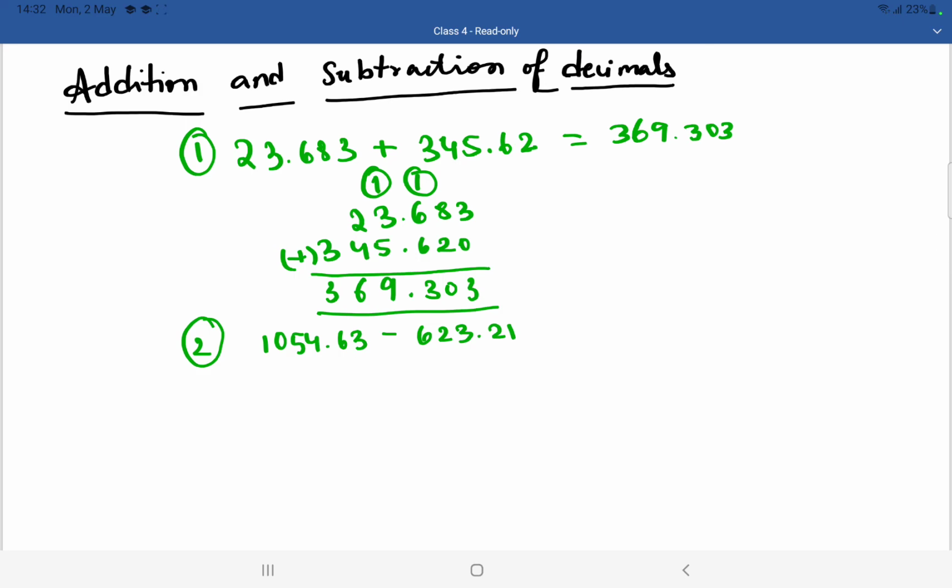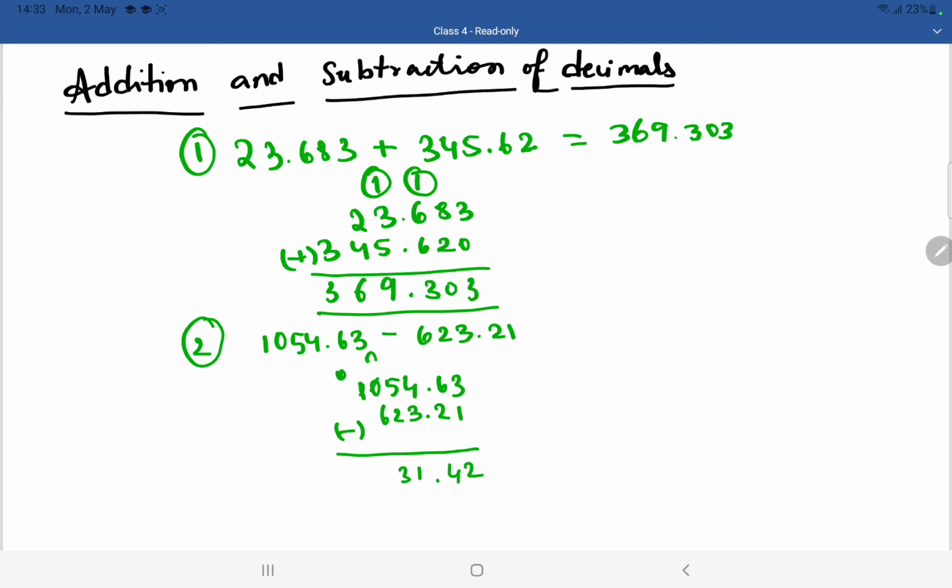Okay. So children, the next question is 1054.63 minus 623.21. Here you have to do the subtraction. 3 minus 1 is 2. 6 minus 2 is 4. 4 minus 3 is 1. 5 minus 2 is 3.